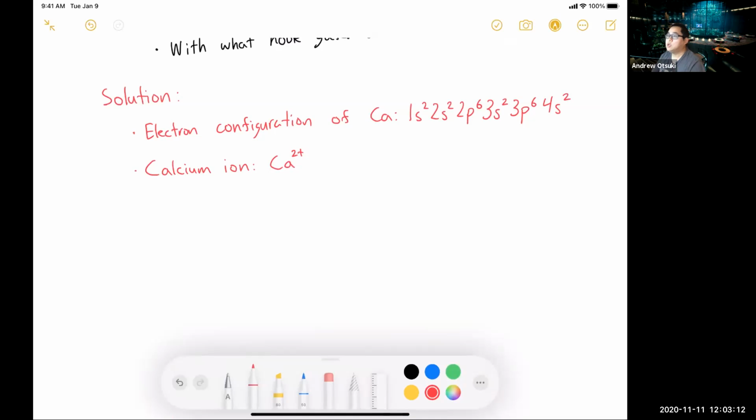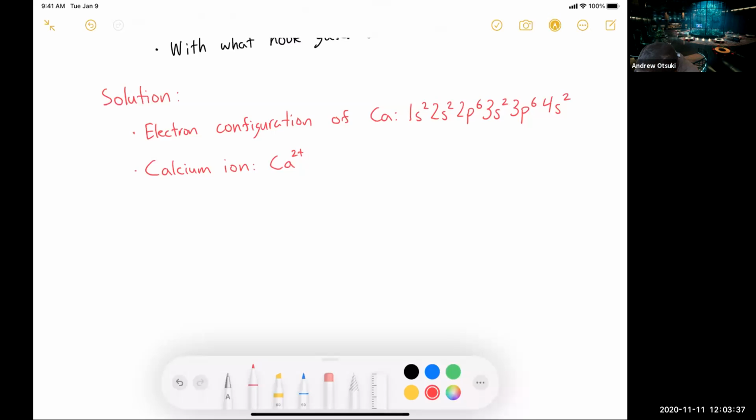So now when it's Ca2+, we're just going to remove 2 electrons from the highest energy level. We're going to remove them from the 4s2 because the valence electrons are the highest occupied energy level, and in this case, it's the 4s2. And we only remove 2 electrons, so all those electrons from the 4s get taken out.